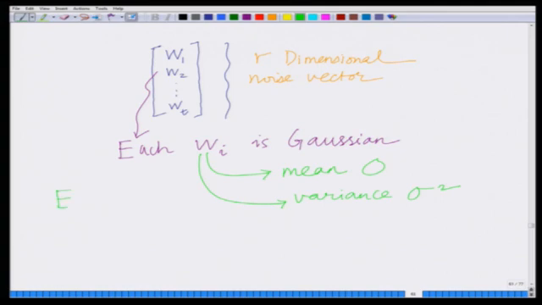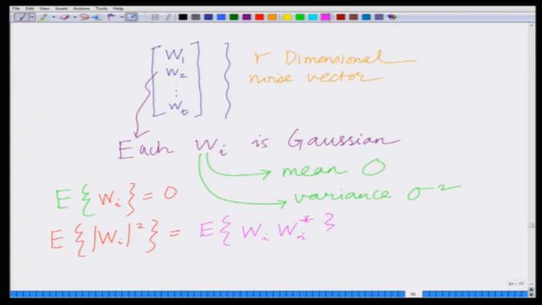That is to say that the expected value of Wi is equal to 0 and the expected value of magnitude Wi square, which is equal to the expected value of Wi into Wi conjugate, is equal to sigma square.